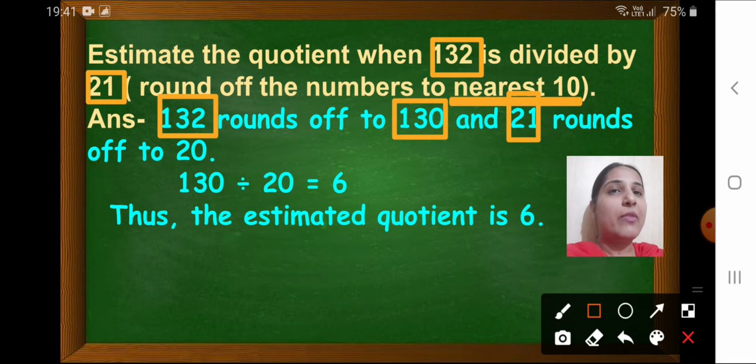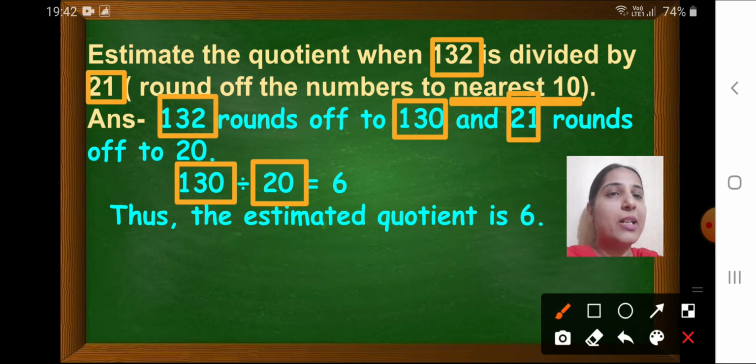Now that we have rounded off both the dividend and divisor, we will write 130 divided by the rounded divisor, which is 20. So now we will divide 130, which is the dividend, by 20.